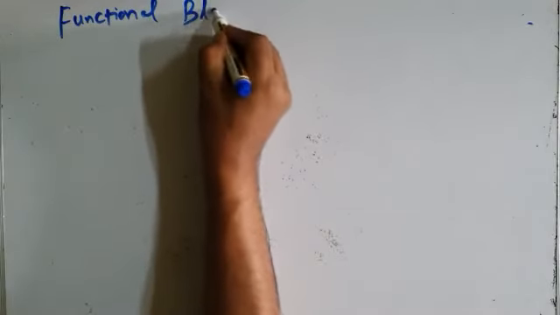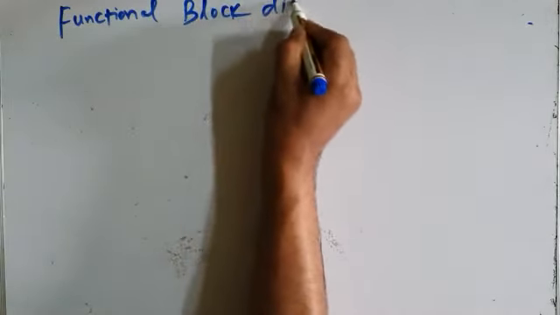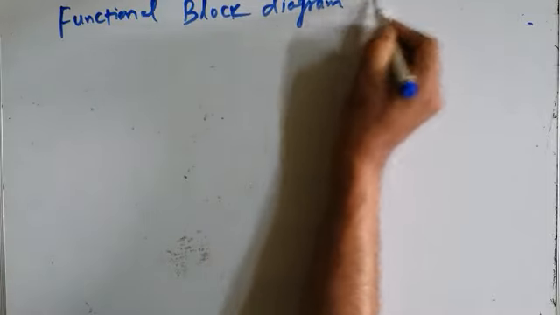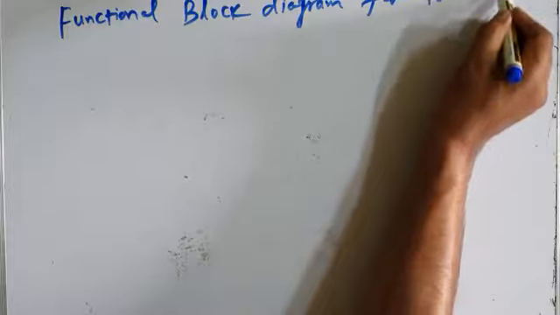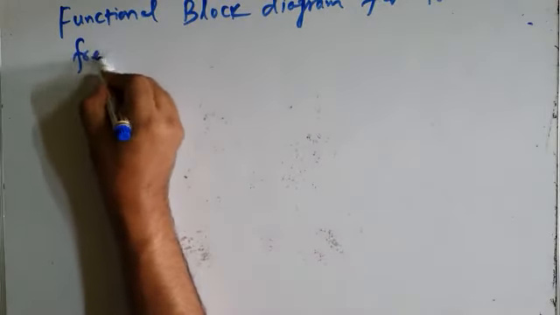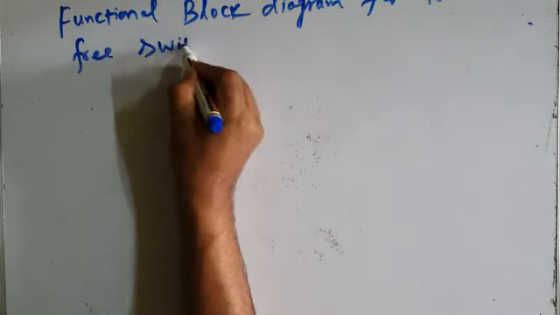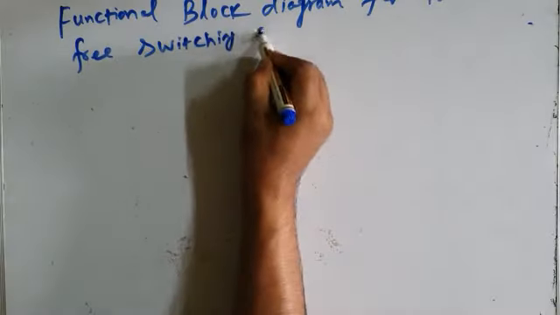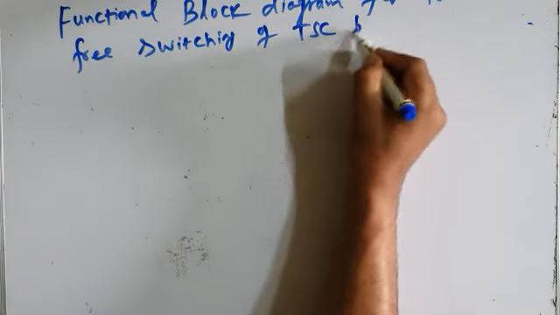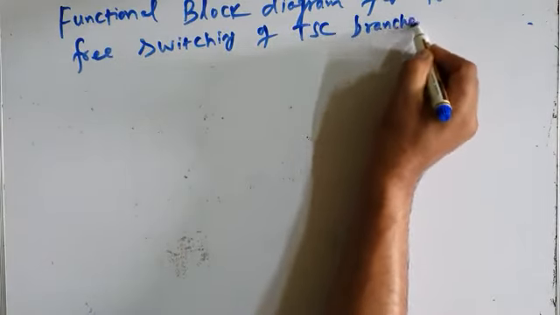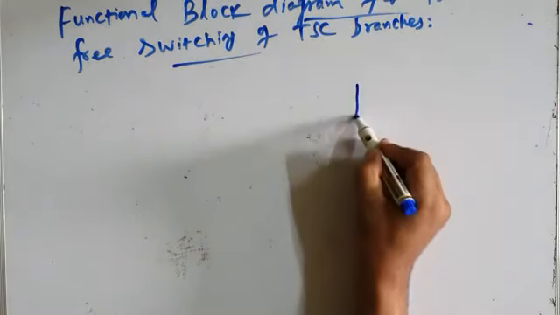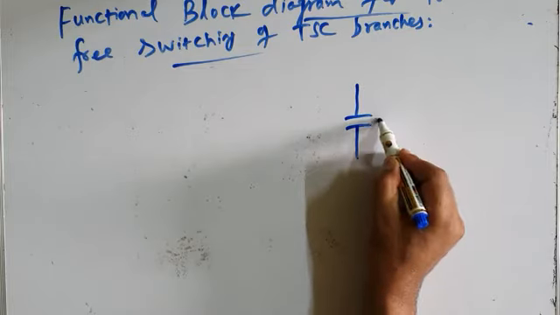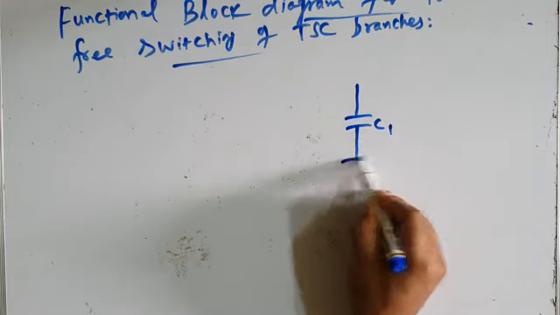Functional block diagram for transient free switching of TSC branches, thyristor switched capacitor branches or thyristor switched capacitors. So it is something like this. The diagram is like this. This is C1.